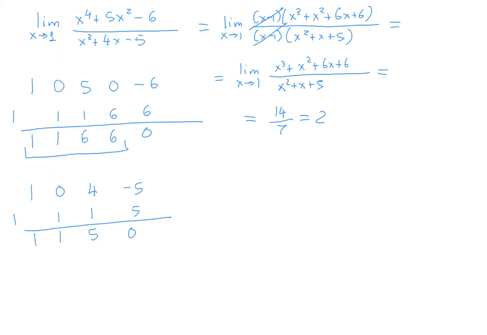Now, we would like to apply one more kind of trick. And to show this trick, actually it's a very, very nice trick, let's take a look at the following situation. So let's say that you have the limit as x tends to 1 of square root of x plus 3 minus 2 over x minus 1.